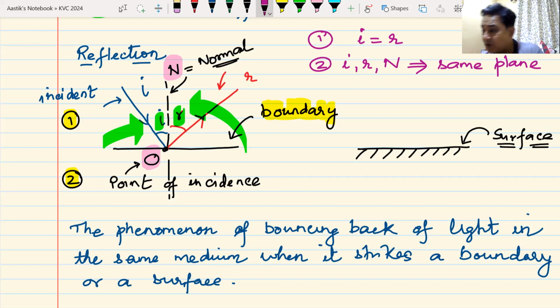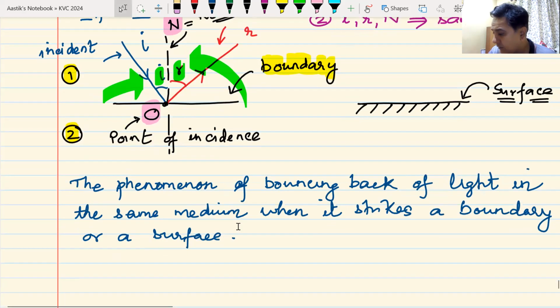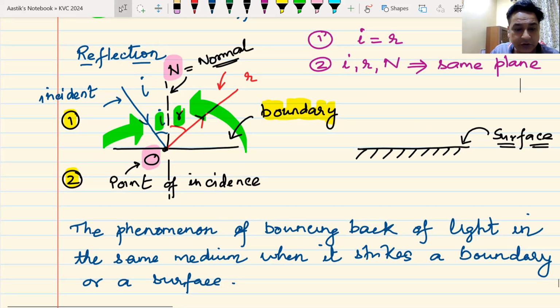Now, there are some important points that you must remember about reflection, so you will note them down.